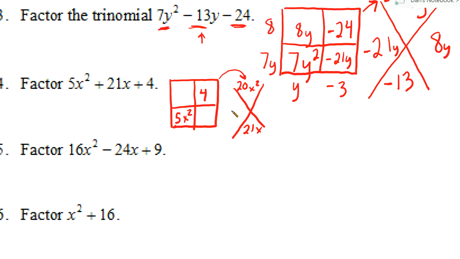That would be 20 times 1, so 20x and 1x. Now I can take out of these two a 4. That means this is a 1. This has to be an x then, because 1 times x is 1x. And this has to be a 5x, because 5x times x is 5x squared. And then we're finished there.